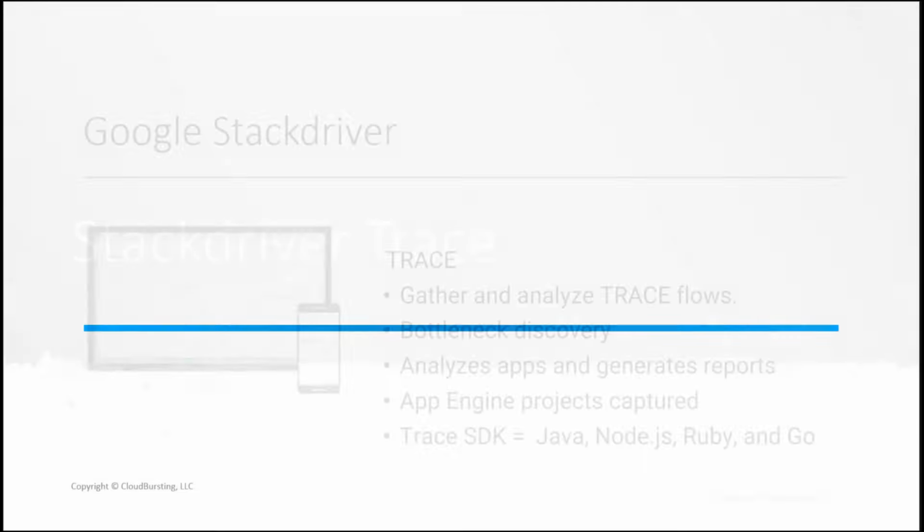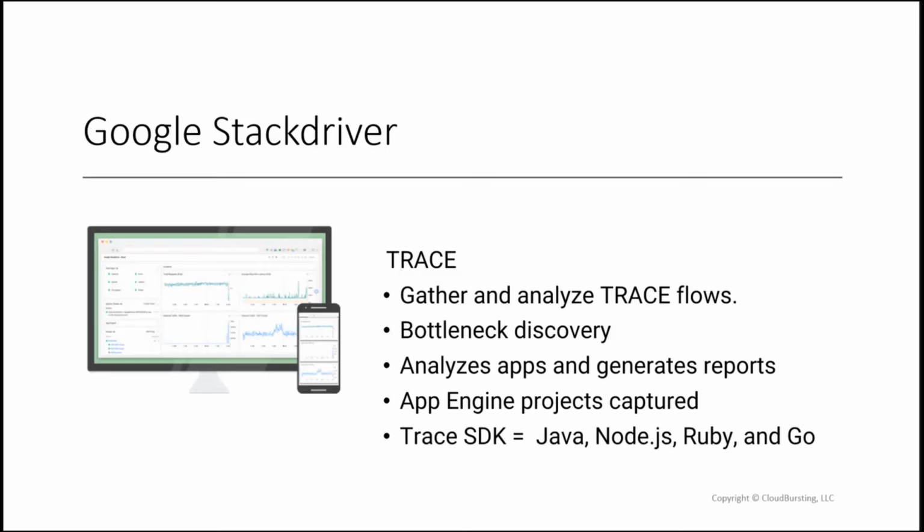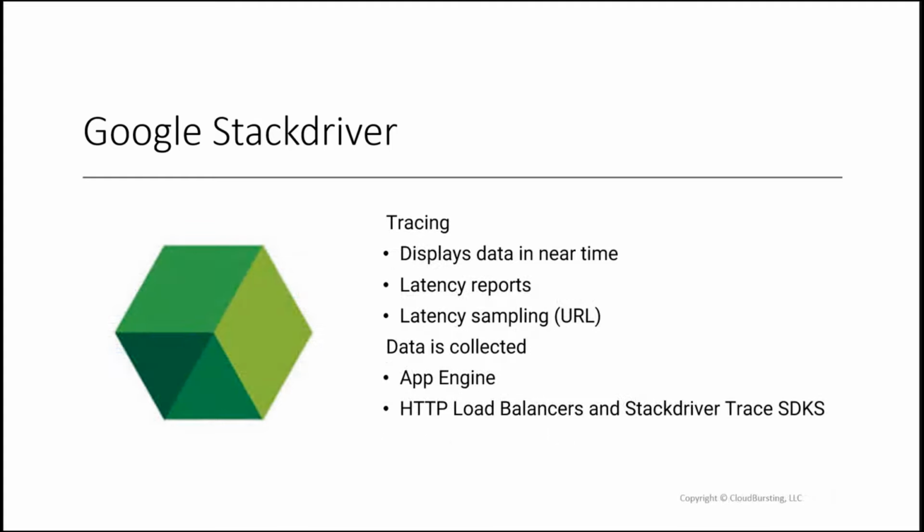Then we have Stackdriver Trace. Stackdriver Trace can be used to analyze issues in your code, to discover bottlenecks, and generate reports. Your developers are likely the ones that are going to be using this. As part of this, you'll probably want to look at latency issues.